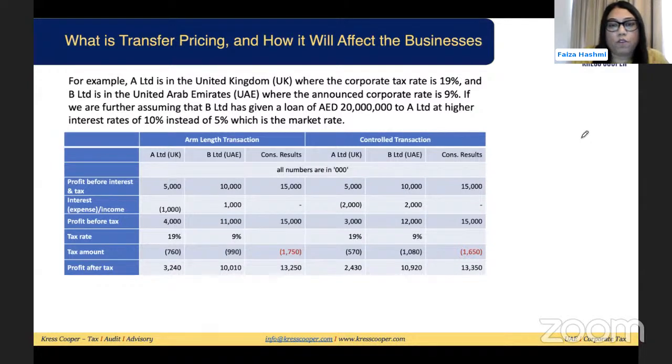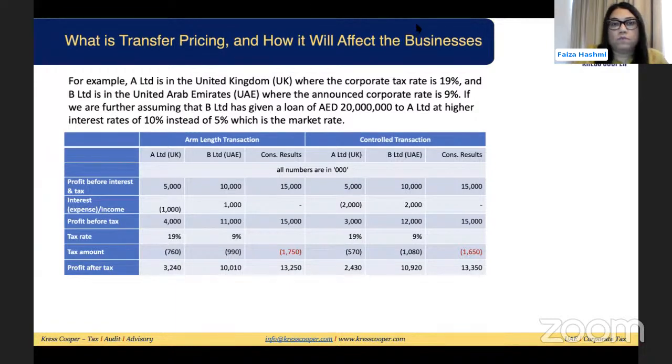So on that profit, the 19% tax rate would be applicable, and the tax amount would be 570,000. And similarly, for B Limited, you can see that the tax rate is 9%, so the tax amounting on the profit is 1,080,000.